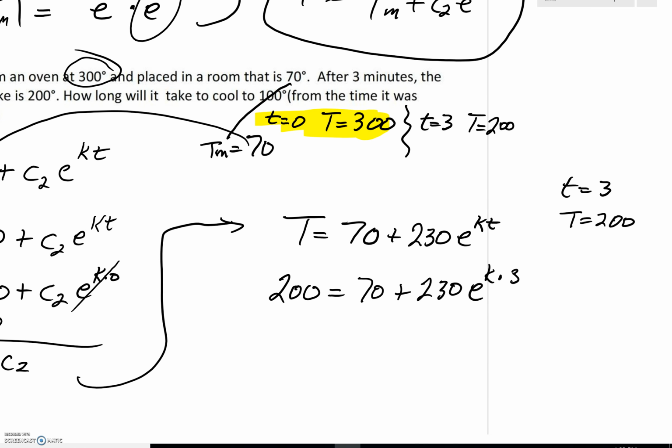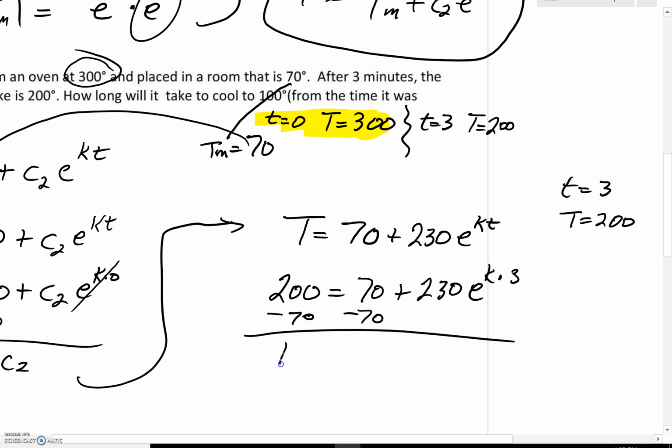Now, at this point, you have 2 choices. You could solve for k, which you probably would have done in algebra or pre-calc. But it's probably just as easy, even easier still, to solve for e to the k. I really like to do that. It's what calculus students generally do.